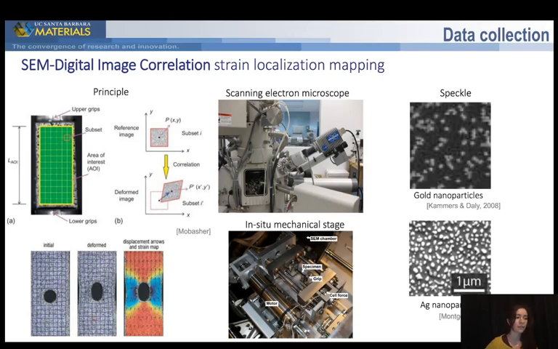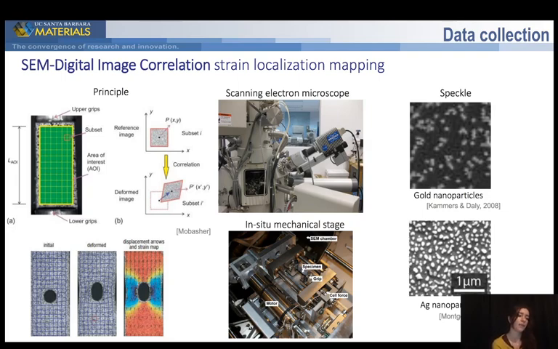I've been talking about stress concentrations, surface observations, strain localization, so you have probably gotten the hint that we would be using digital image correlation to map the strain field in our materials. Digital image correlation, or DIC, is a pretty common method for this purpose.